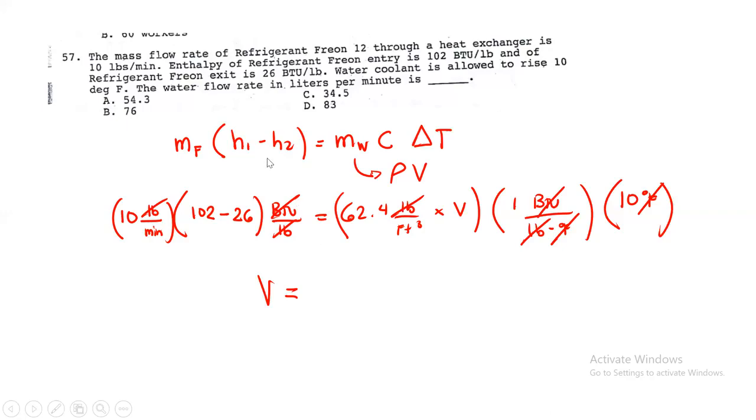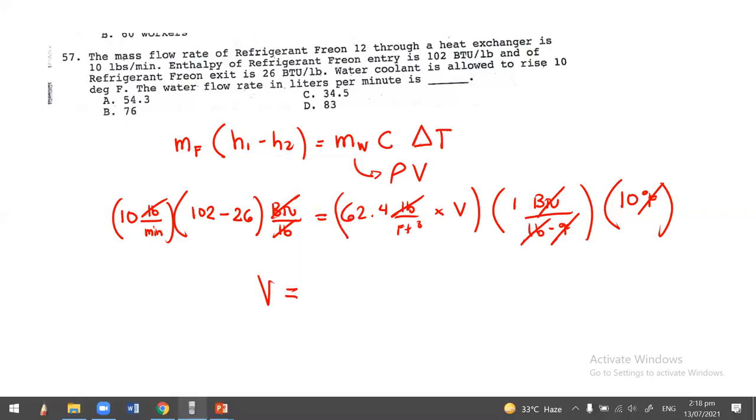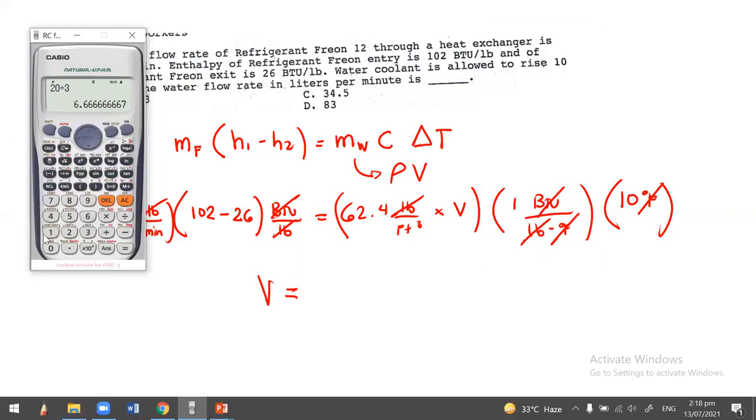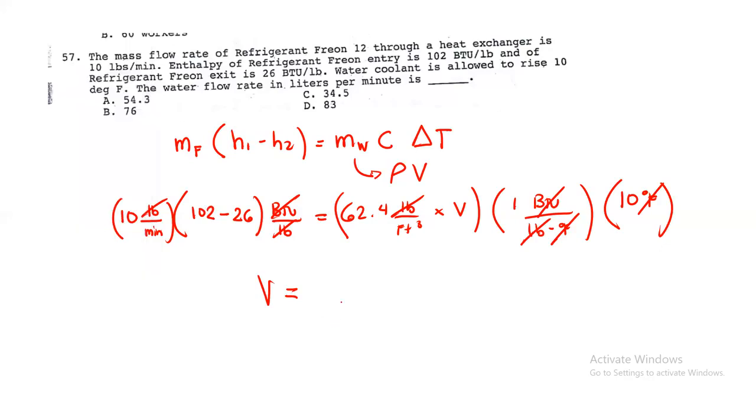So ten times 102 equals 62.4 times alpha x times 10. So shift solve. So 1.2179 foot cube per minute.